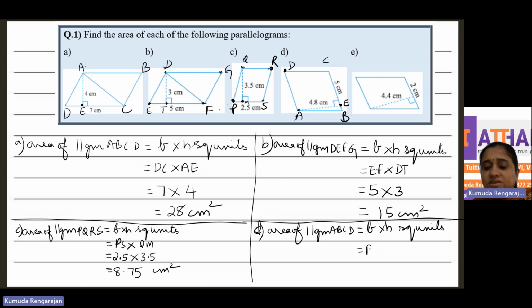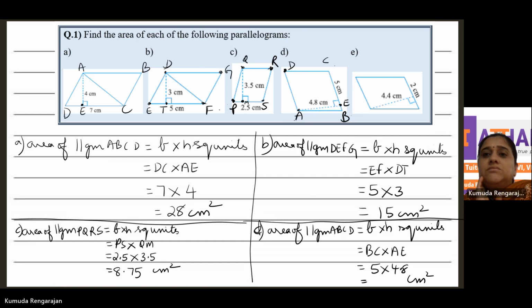And which is the altitude? AE is the altitude. Very good. So how much is BC? 5 into 4.8. Multiply and tell me. Centimeter square. You finished, is it, Navneet? Complete. Yes.